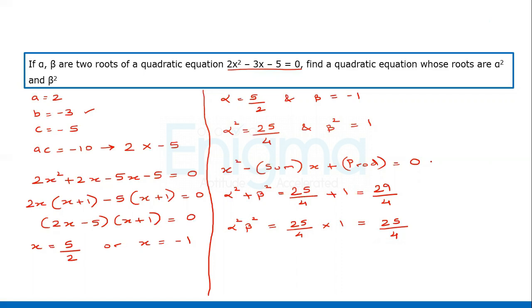So substituting these values in this equation, we will have x² − (29/4)x + 25/4 = 0. Multiplying throughout by 4, we will have the final quadratic equation as 4x² − 29x + 25 = 0.